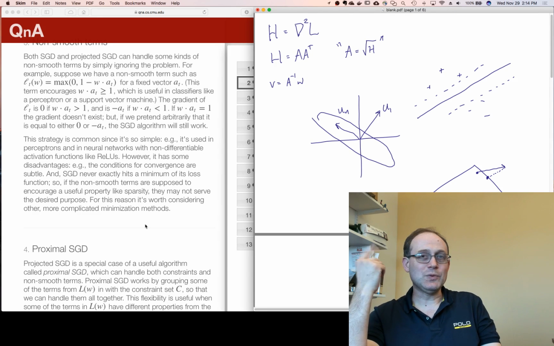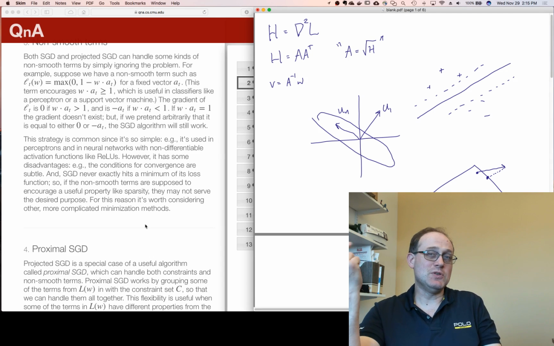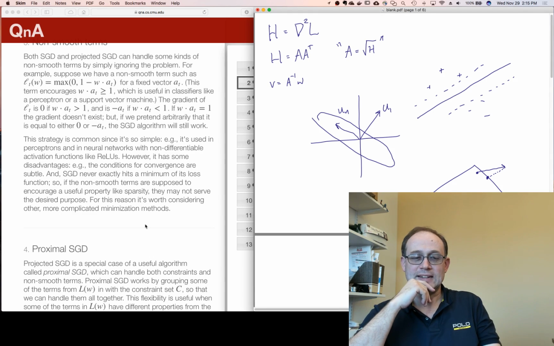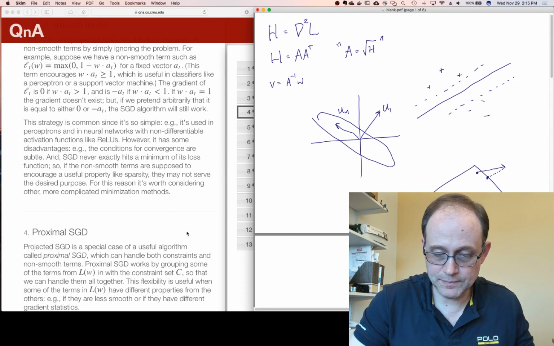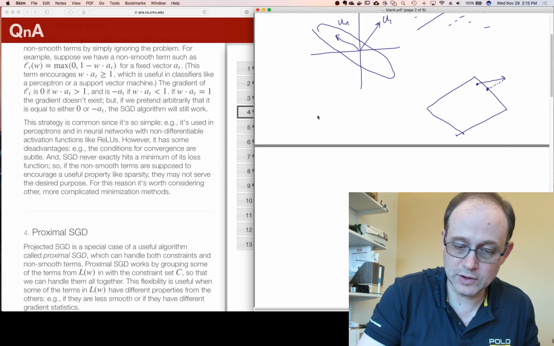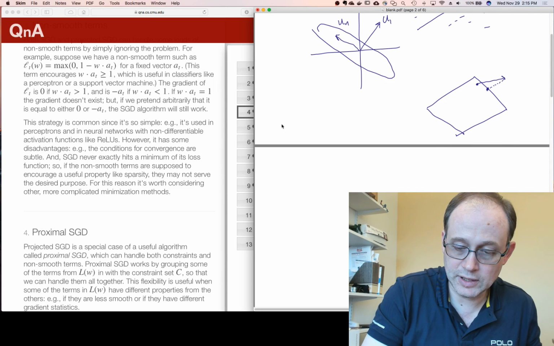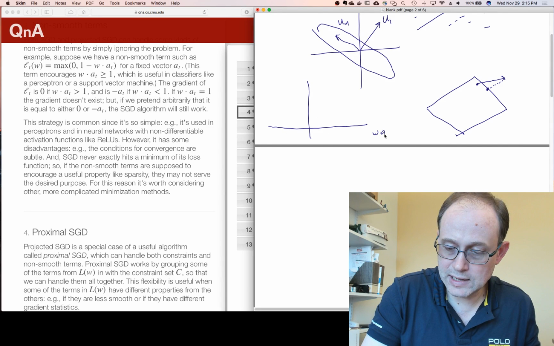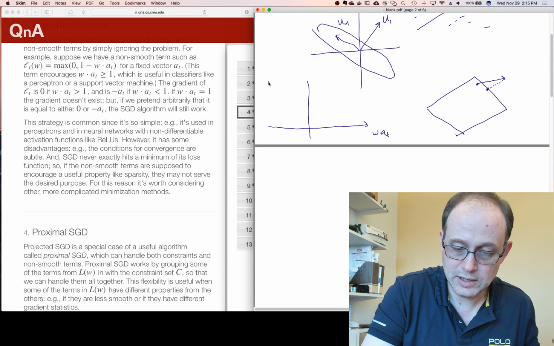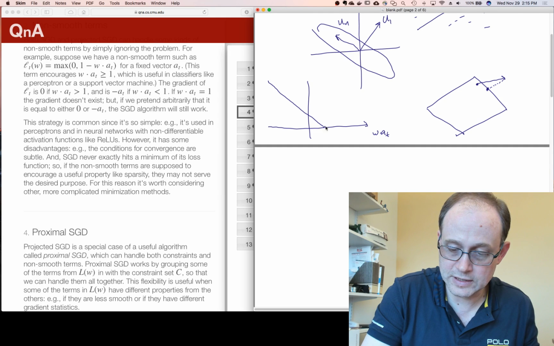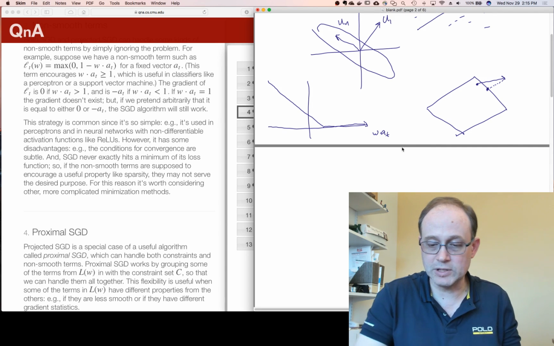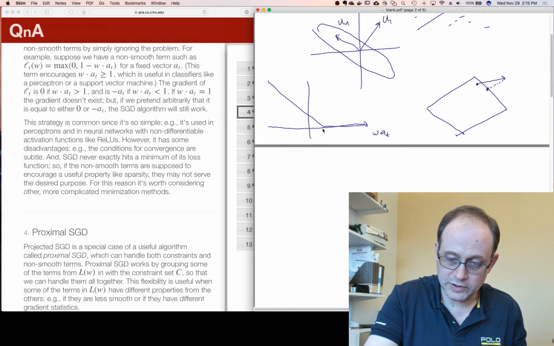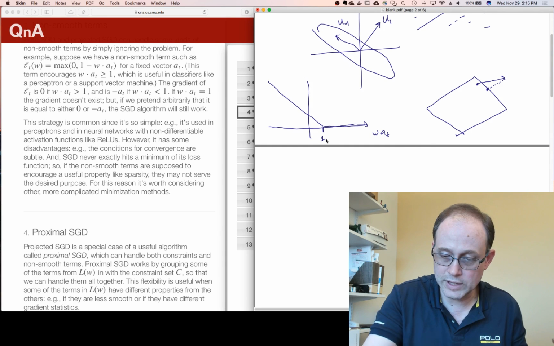Now, as with many problems, maybe the most common way to handle it is to ignore it. And you can often do that. So if you have a non-smooth term that looks like this, where W dot A_t is increasing in that direction, and you have a loss term that looks like this, which is trying to encourage W dot A_t to be bigger than or equal to this cutoff, which we can say is equal to 1.